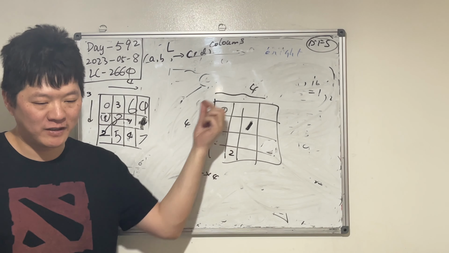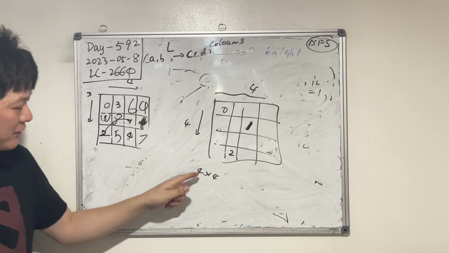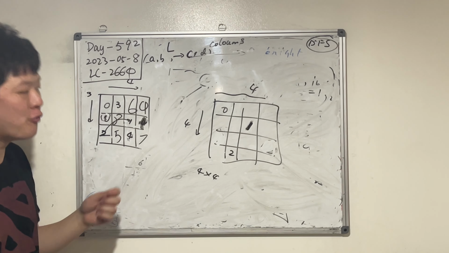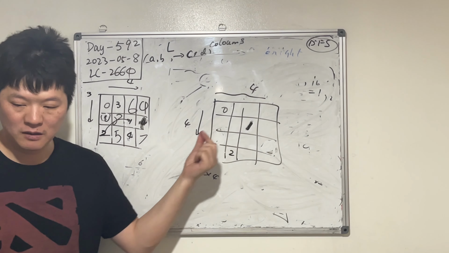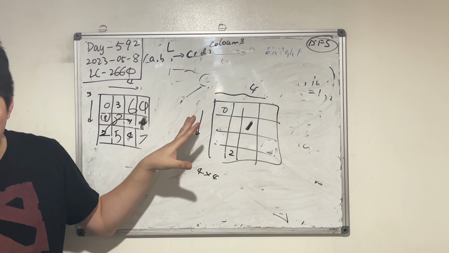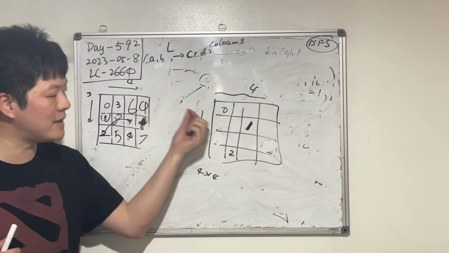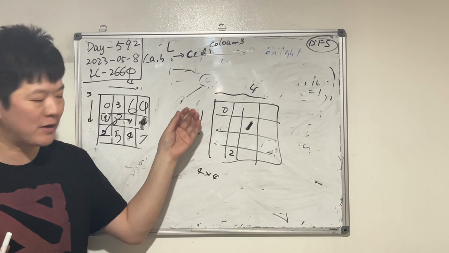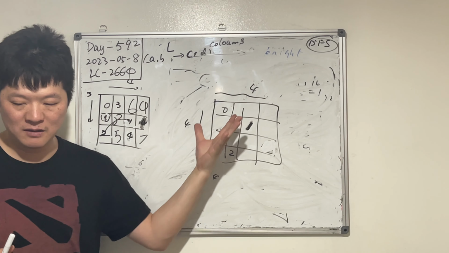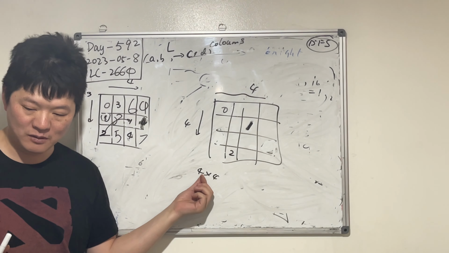What's the range of the numbers we put in this grid? Let me repeat. What's the number range that we finally put on this grid, if there are 16 cells? 0 to 15.